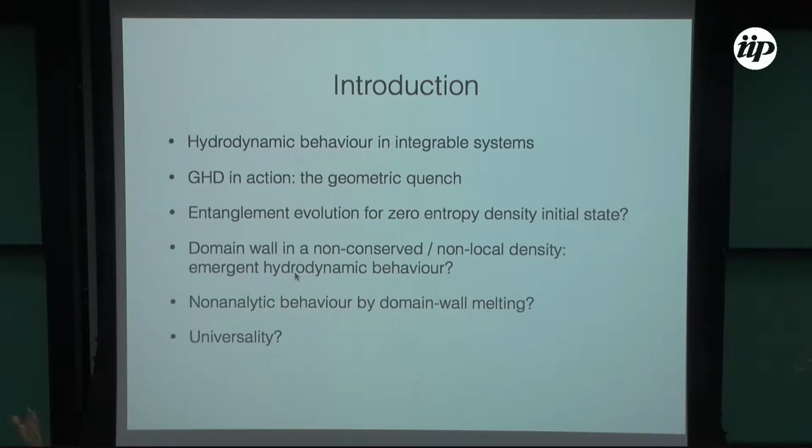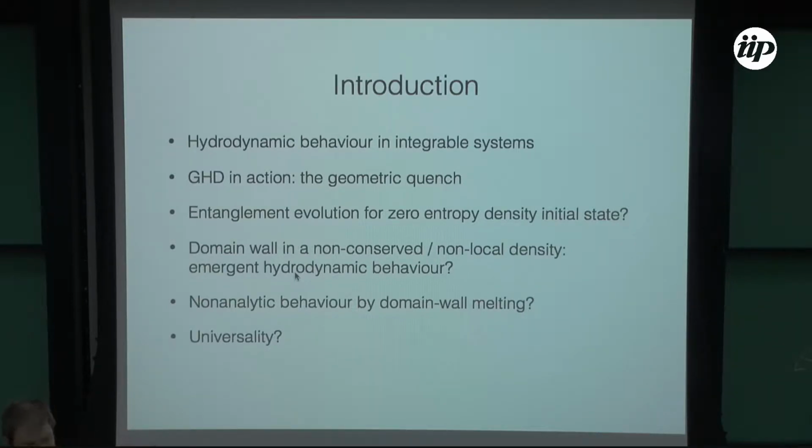But assume we have an operator which is, for example, the density of some non-conserved quantity. What is even worse, it could be some completely non-local object. For example, you don't have to go very far to find something like this. Just think of the sigma x magnetization, the order parameter in the Ising chain. In terms of the fermionic variables, it's a string, so it's a highly non-local object.